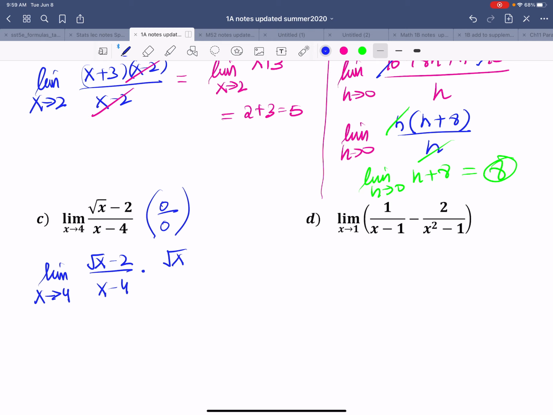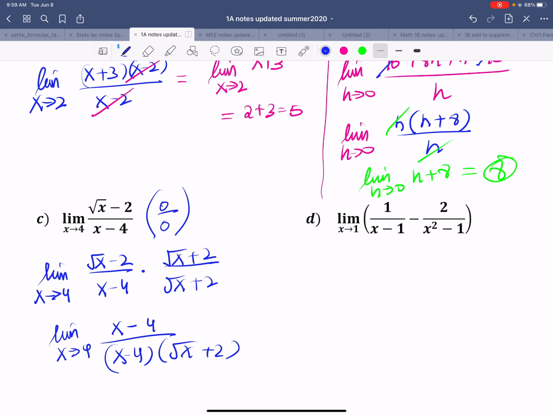So I'm going to multiply both numerator and denominator by the square root of x plus 2. Limit as x approaches 4, that leaves me with x minus 4 over x minus 4 times the square root of x plus 2, because I'm FOILing the numerators. When I FOIL, first, outer, inner, last, I get x minus 4.